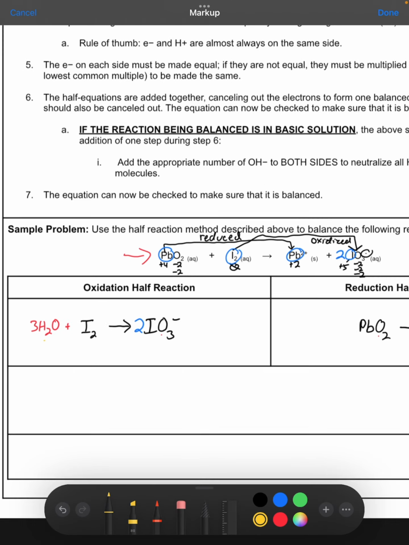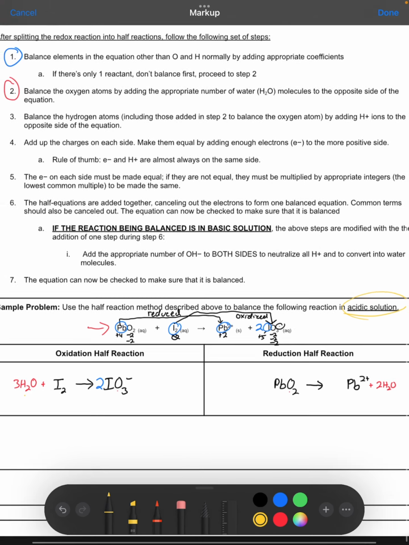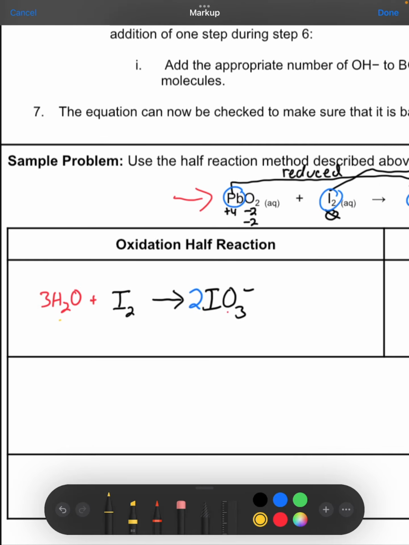And based on the fact that I know that this entire reaction is happening in acidic solution, I know that there's going to be some H+ around, because to be acidic, that means there has to be H+ around. So I can see that there are 6 hydrogen atoms that I've added to the left-hand side, so I'm going to add 6 H+ ions to the right-hand side to balance that out.